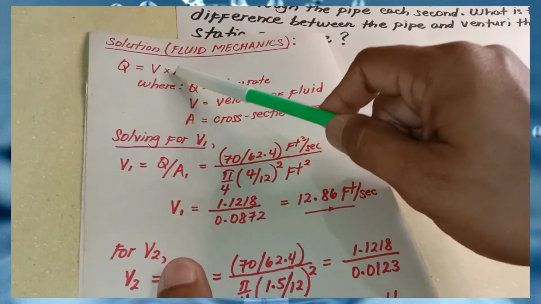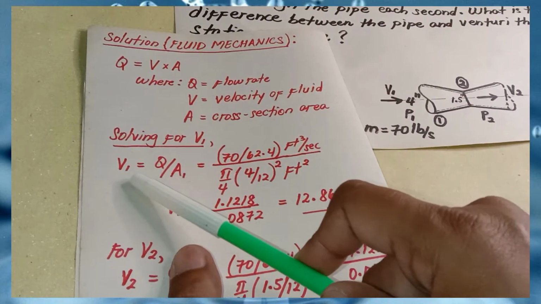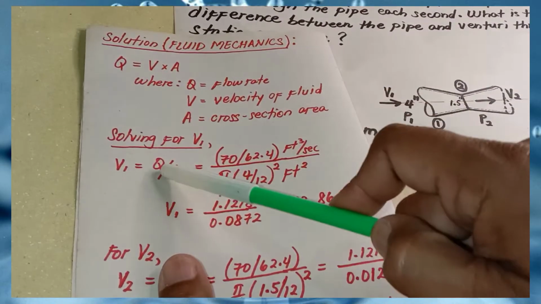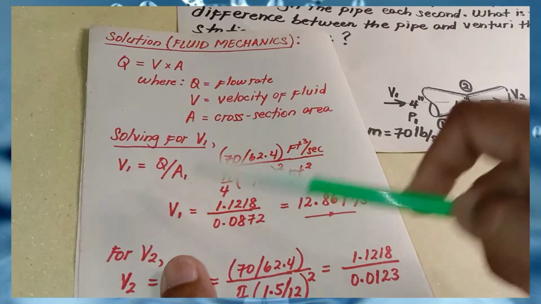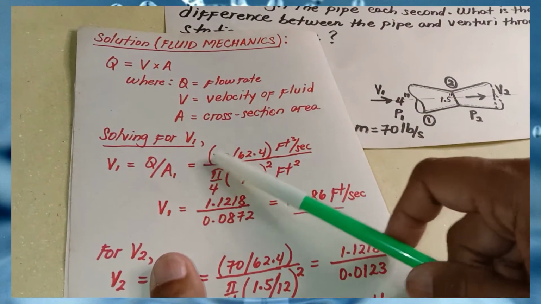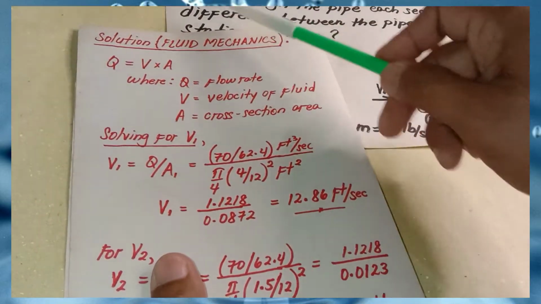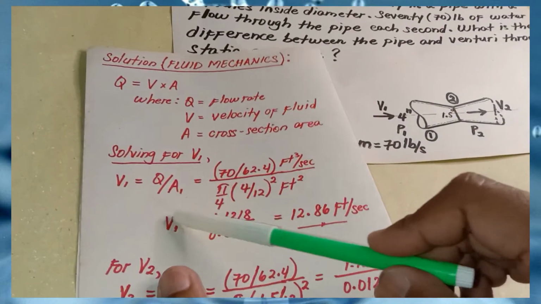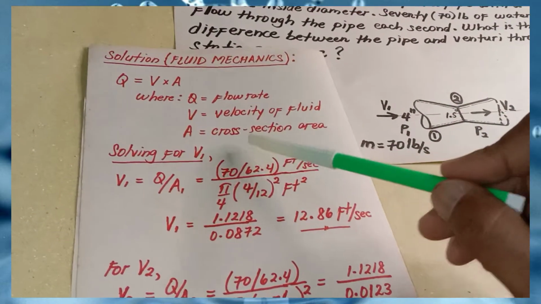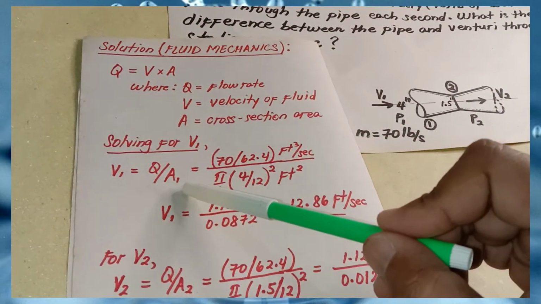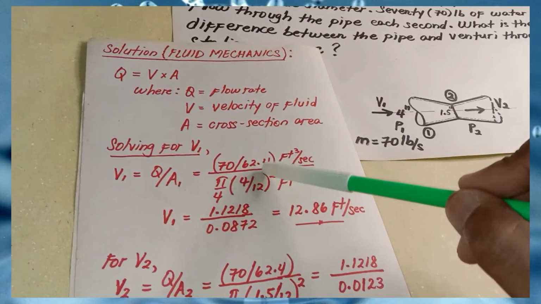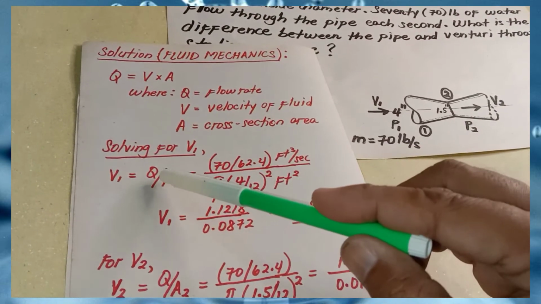From the original equation, we derived that V1 is equal to Q over the area of the pipe. By the way, the diameter of the pipe is given, which is 4 inches. So knowing all the data, we simply substitute the values in this equation.